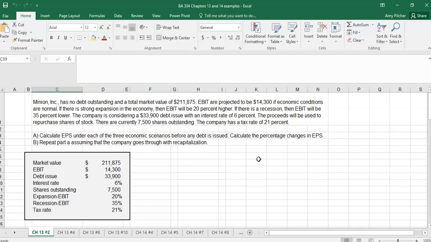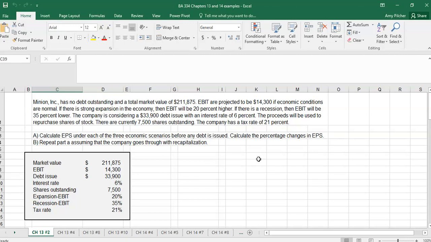We have a company that currently has no debt. So they're a 100% equity company. They have information about their expected earnings before interest and taxes in normal economic conditions, and then they expect in a recession that will drop, and in a boom economy that will increase.